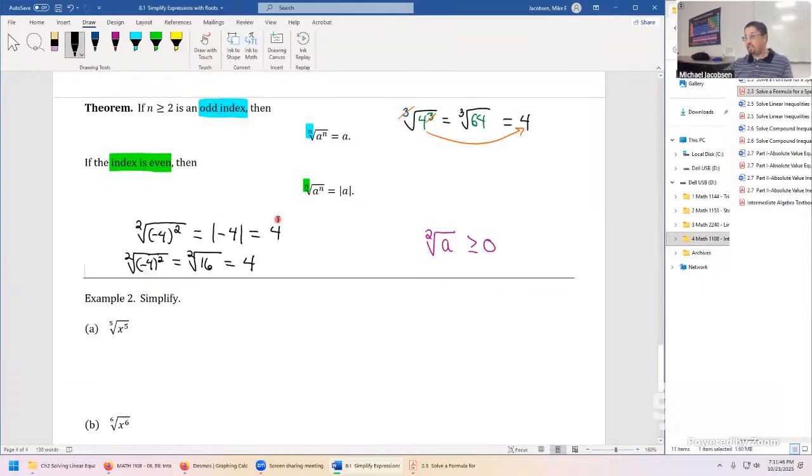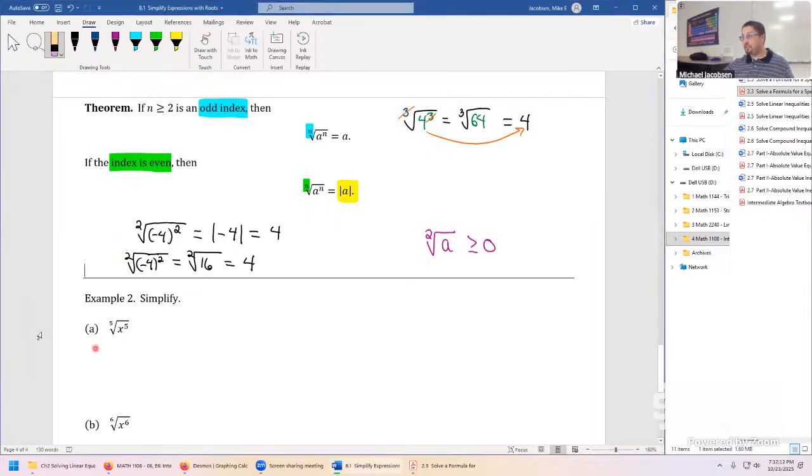Either way you look into it, you get a +4. The absolute values right here are just a way to ensure your answer really does come out positive. And that's not as big of a deal if you know what the values are, like the -4 we wrote in. But it is a huge deal if you're dealing with a variable x. Now we don't know if x is positive or negative. We really do have to put absolute values on some of these.